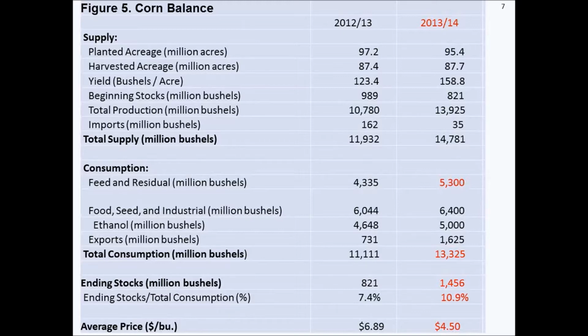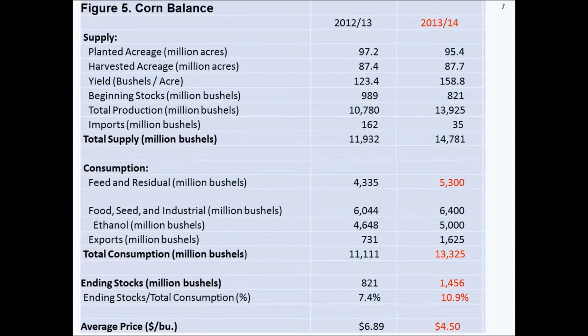I think people are going to reach different conclusions on that. One thing that folks are looking at is the reduced number of animals that we probably will be feeding during the last half of the marketing year. Friday's Hogs and Pigs report showed that we had a smaller inventory of market hogs, a smaller winter pig crop than a year ago, suggests that we will be feeding fewer animals during the last half of the corn marketing year.